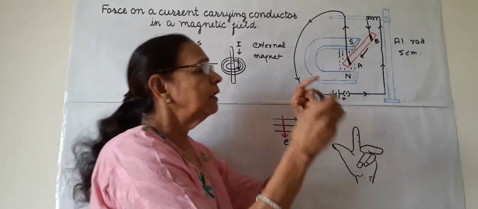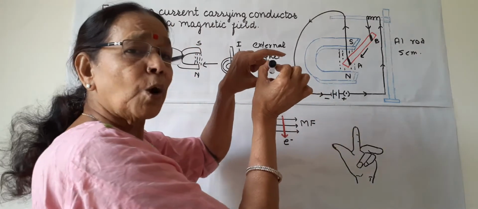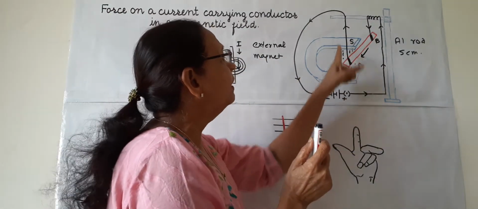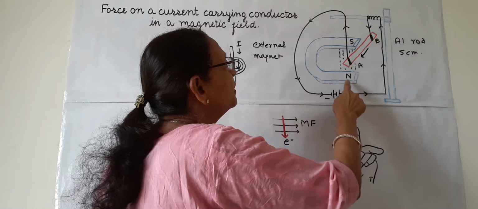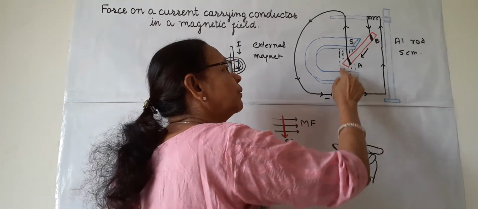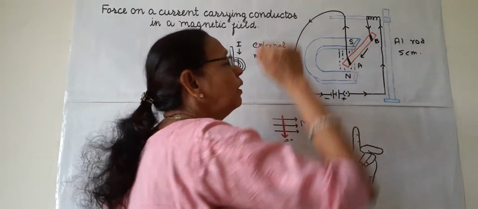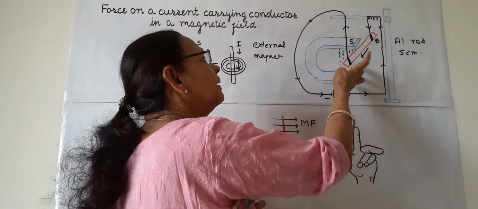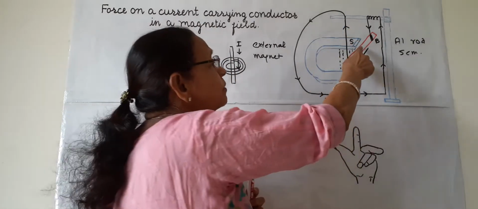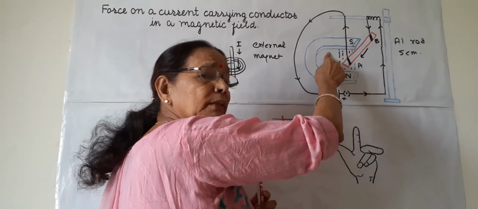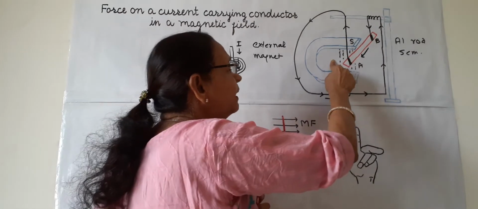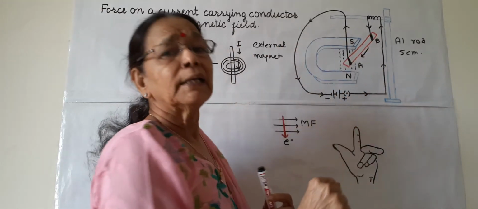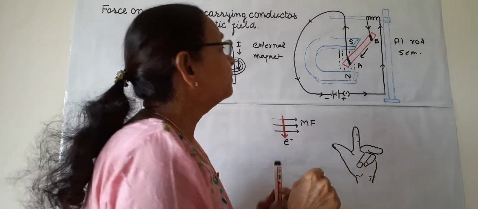And this rod is between this horseshoe shaped magnet, and this magnet also has a magnetic field running from north to south. These are the two poles. When current is passed, the rod also exerts force on this magnet, and the magnetic field of this magnet also exerts force on this rod.